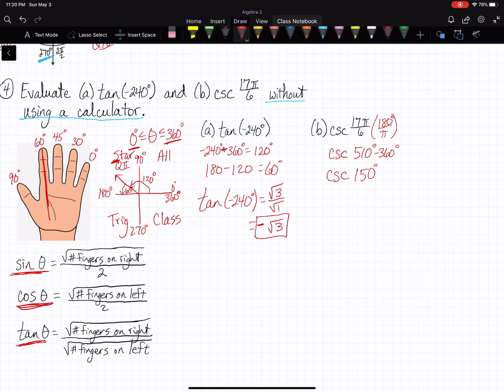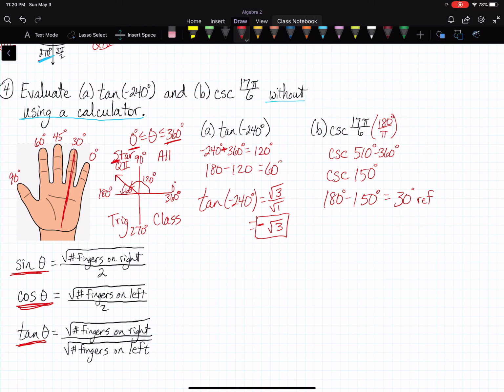So we're going to do cosecant. If you'll remember, it's the reciprocal of sine. So if sine is the square root of the number of fingers on the right over 2, then cosecant, oh, I'm sorry, we didn't find our reference angle yet, did we? 180 minus 150 is 30 degrees. So that's our reference angle. So we're going to use 30 right here.